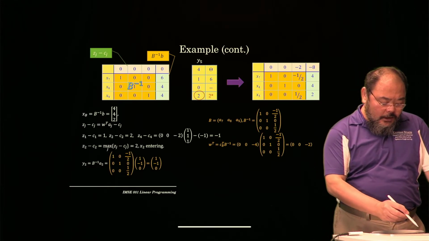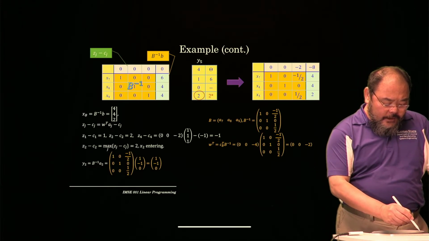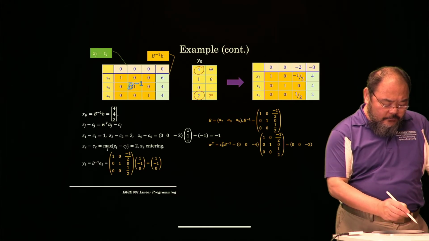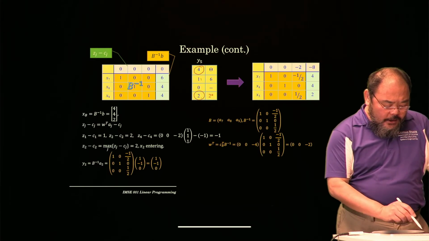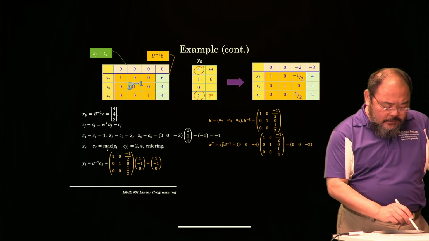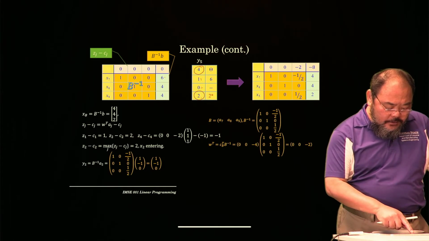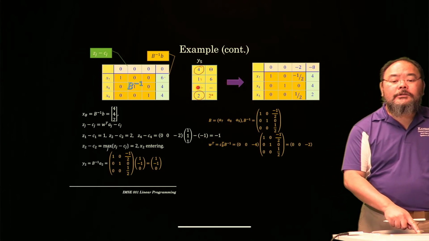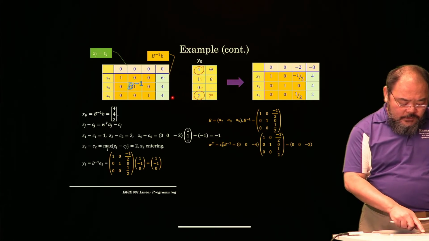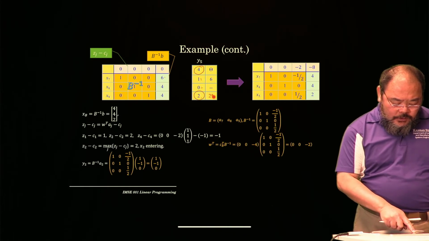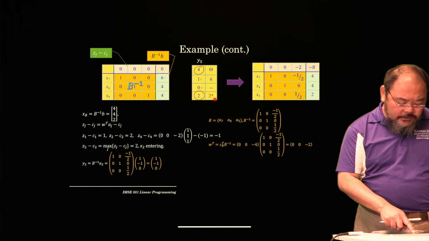That's the original column for x5, with the top entry equal to 4, and then we divide the right-hand side by each element. 6 divided by 1 is 6. The second element is 0, so we don't care. The last element is 4 divided by 2, which equals 2. Between 2 and 6, 2 is the smallest, so I decide x9 is the leaving variable.